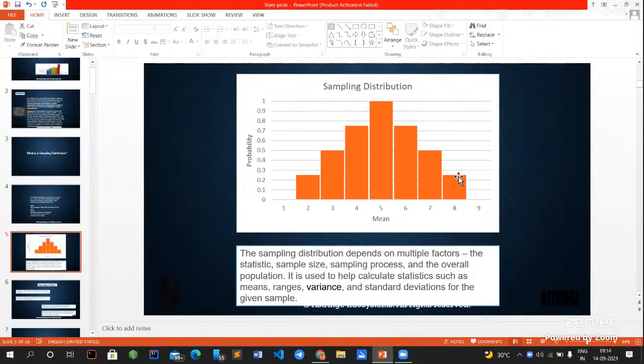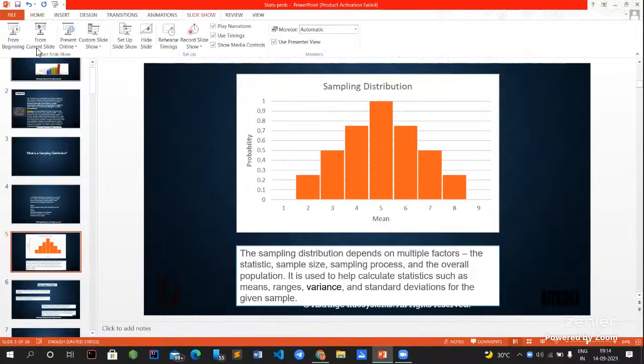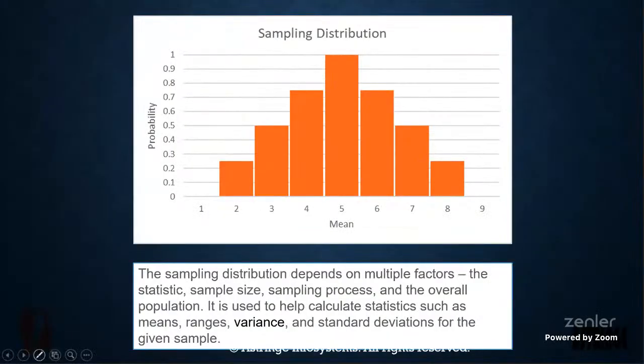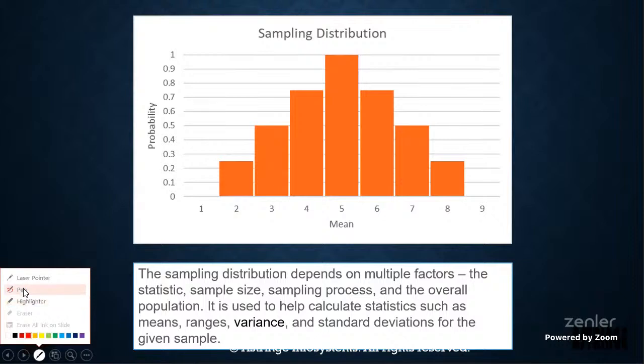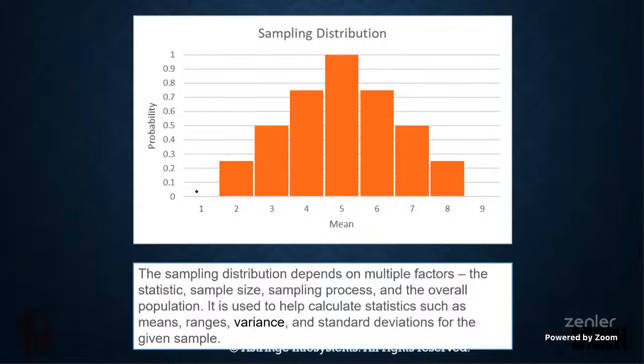But what happens now if you have an average value? Let me just share the screen and use it as a pointer. Each of these parts of the graph will be raised up to this point, and after that it would have a curve, like this.